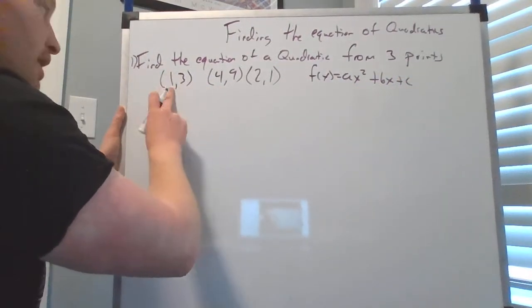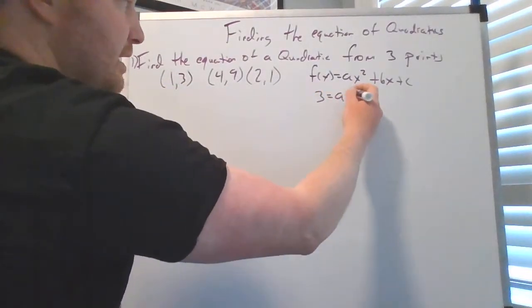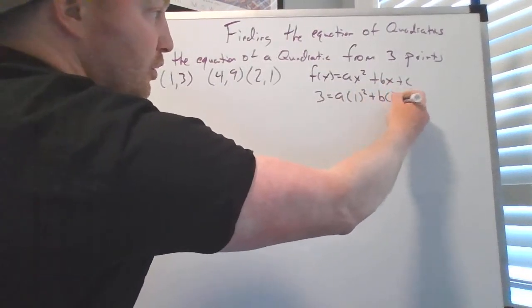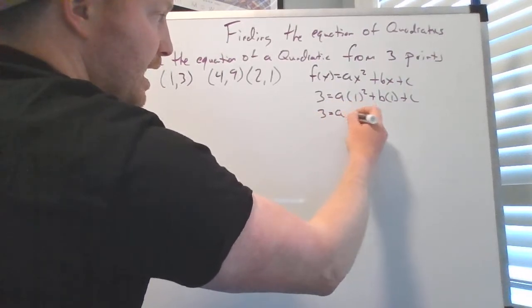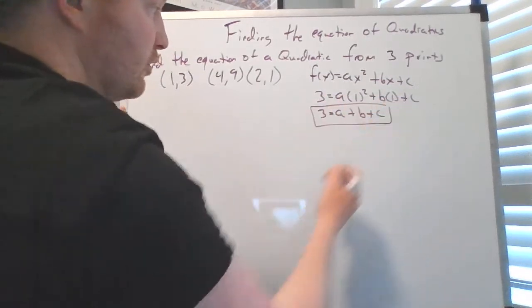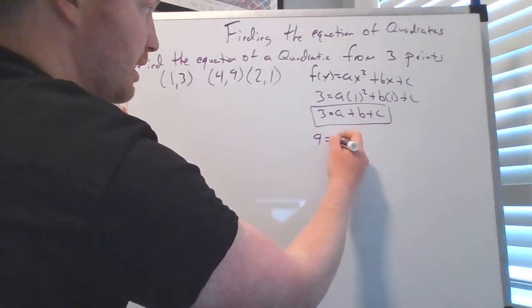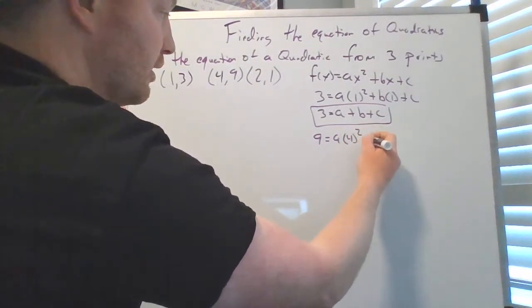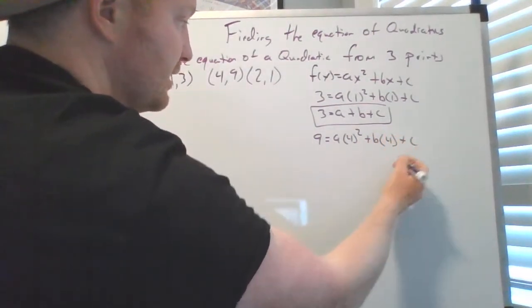When x is 1, our y is 3. So 3 equals a times 1 squared plus b times 1 plus c. So 3 equals a plus b plus c. This will be crucial. Next one. 9 equals a times 4 squared plus b times 4 plus c.